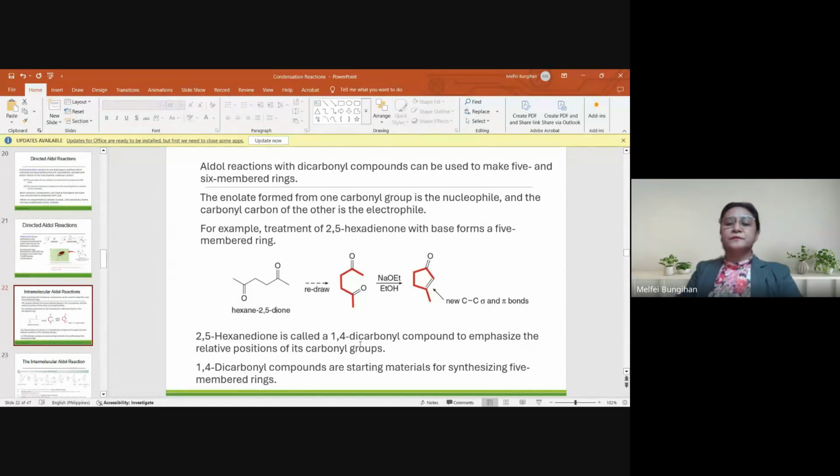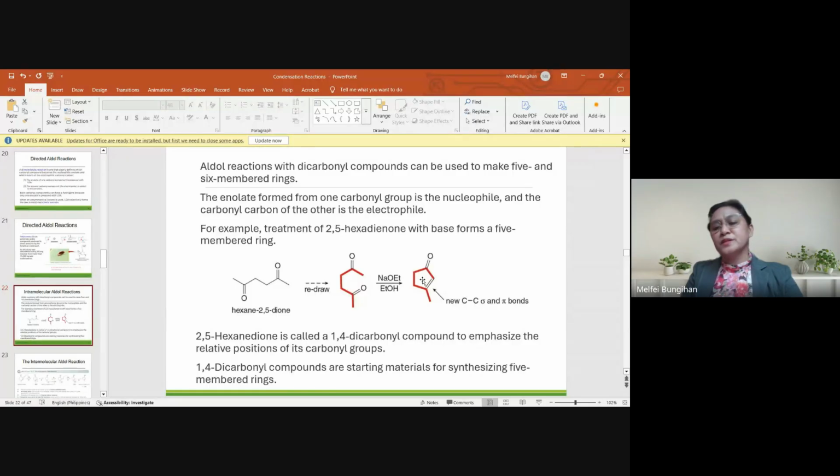Now, since you formed the new C-C bond here, where was the reaction that happened? Look at these carbons here. One, two, three, the red one, four, five, six. So 1, 2, 3, 4, 5, 6.